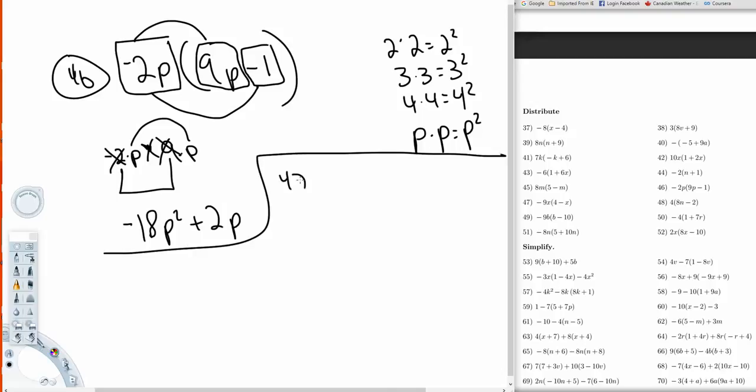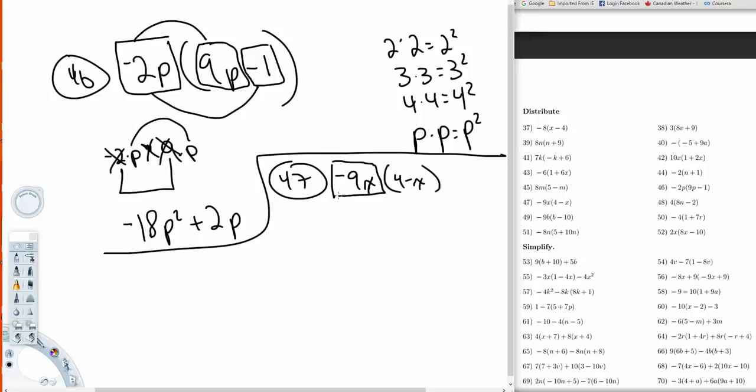Let's do number 47 right here. Okay, minus 9x times 4 minus x. Okie dokie. What do we got? Let me see here. All right, hold on a sec.